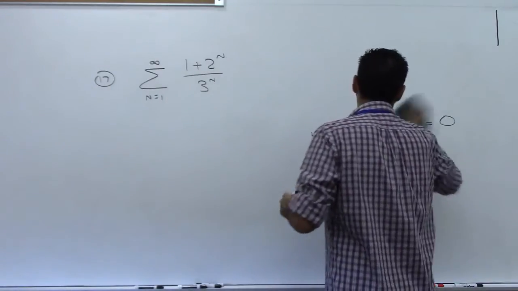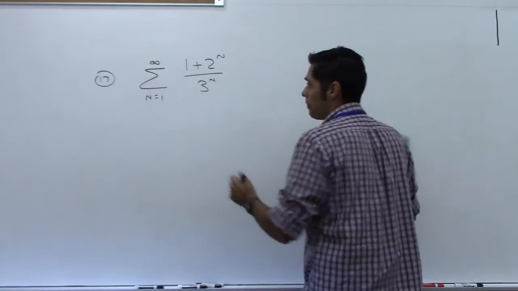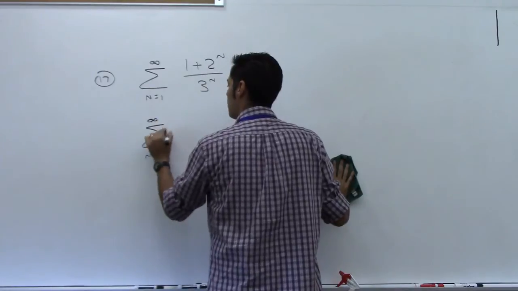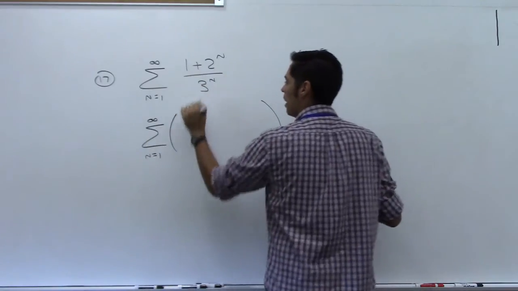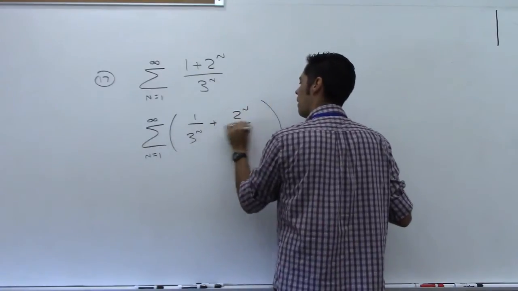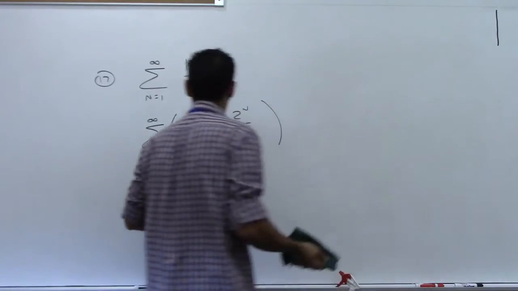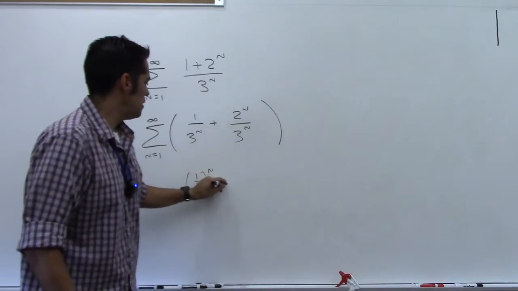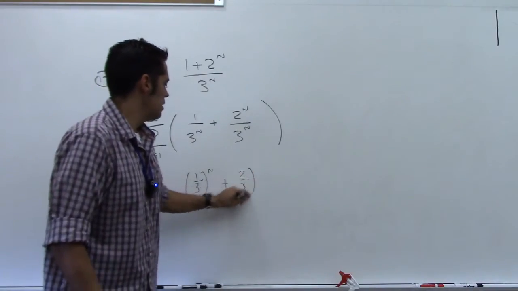And like I said, I'm not going to work through this whole thing. But if you split this up into 2 again, then you can rewrite this one as 1/3 to the n plus this one 2/3 to the n.